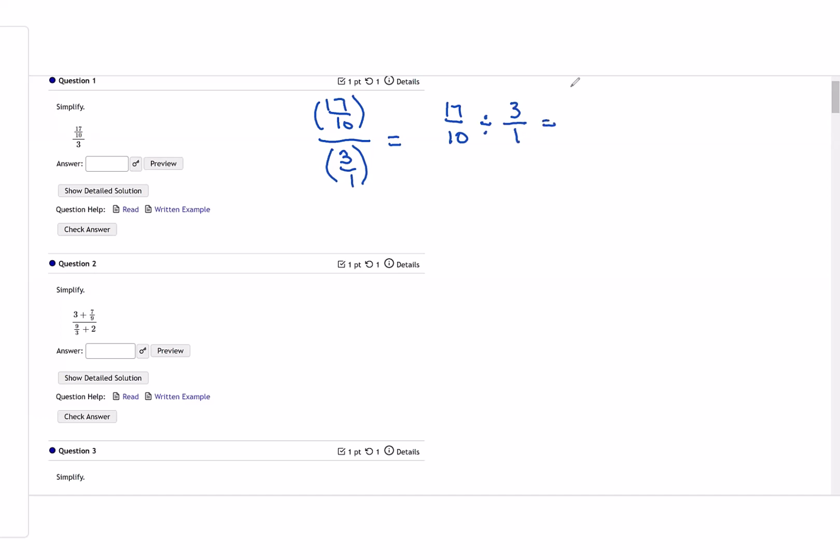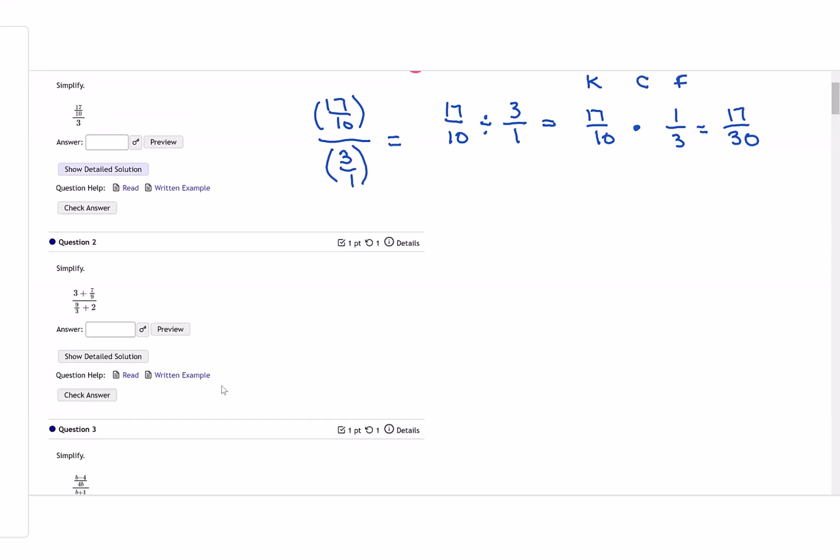And here we can keep, change, flip. Keep the 17 tenths. Change division to multiplication and flip the last fraction. And that gives us 17 divided by 30.